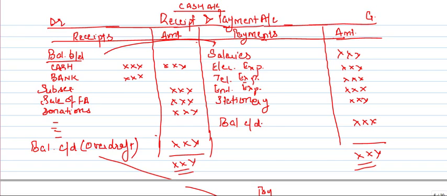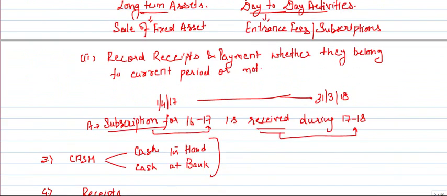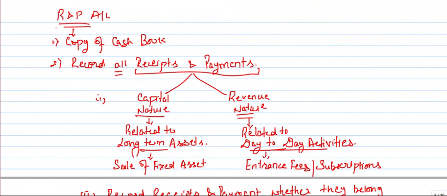That's why I use the word all there. Record all the transactions, right? Here I use the word all. Now this word all is very, very important. This is the most important word here. All receipts and payments. Clear?